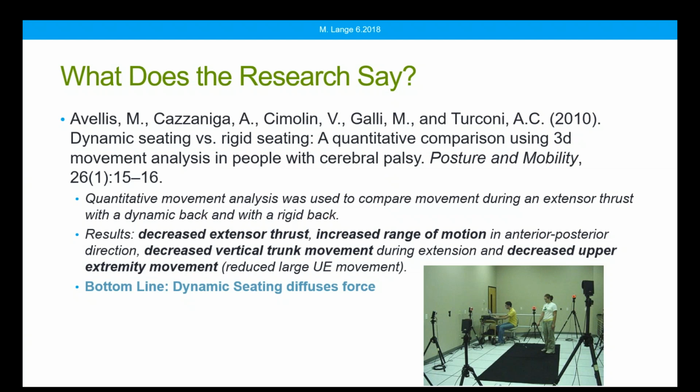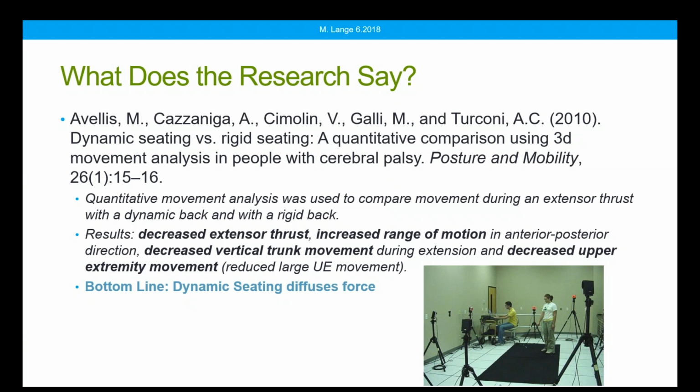Now that's that shear that occurs. If I'm in a static seat and I'm extending, my bottom's lifting right off the seat and my back is moving up the back of the seating system. There was less of that because the movement is now going where it should be. Instead of the client experiencing those shear forces and standing up in their seating system, now their back is actually moving in a posterior direction.